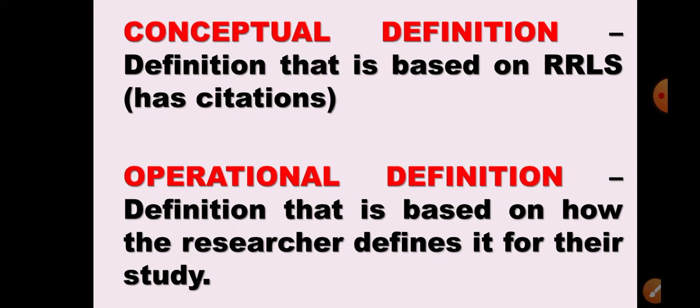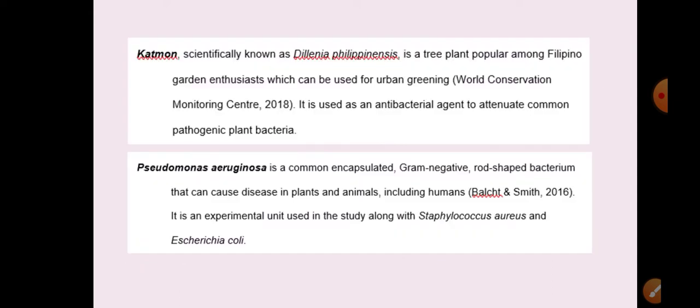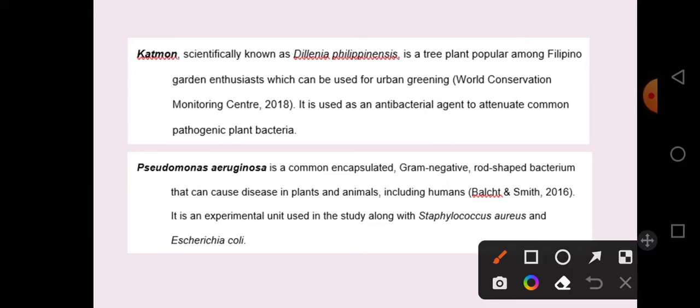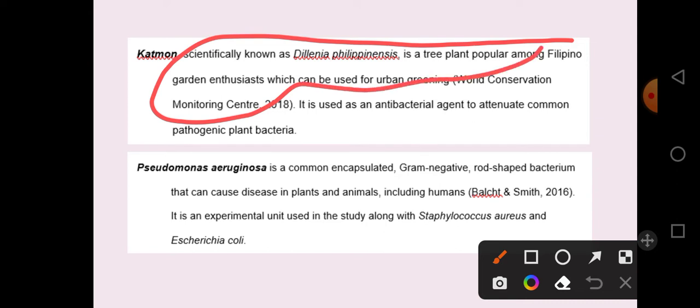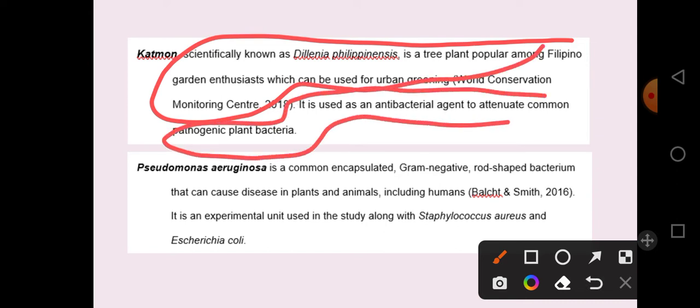Now let's proceed to the terms that shall be defined in your paper. After knowing how to write the definition of terms using a sentence definition, and after finding out that we need both conceptual and operational definition in a single entry, we will try to narrow down the terms that must be defined.